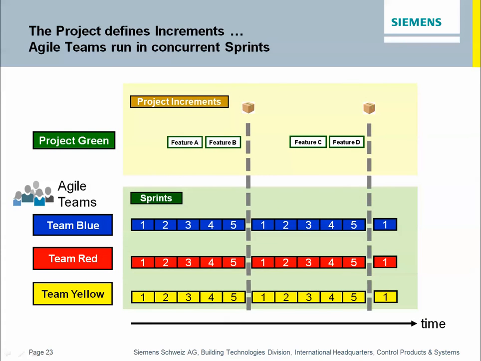So how can we plan what we've seen before? In this example, we have three agile teams, the teams blue, red, and yellow.